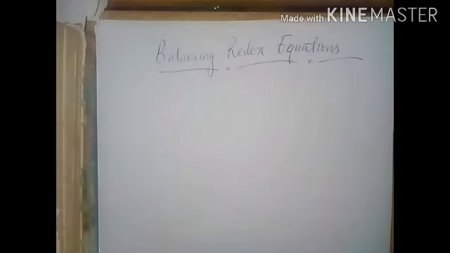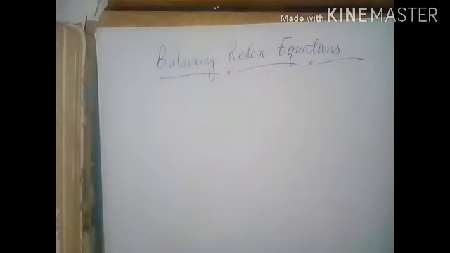Here we are going to talk about balancing equations only in the neutral medium. In another video, you will see where we balance in the acidic and in the basic medium.